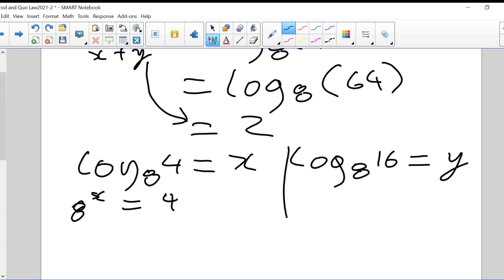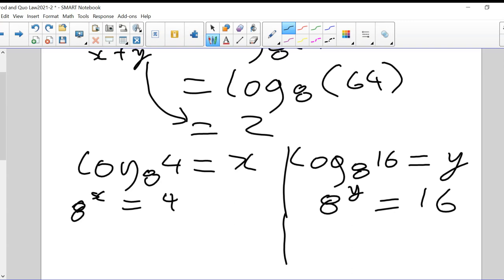So how did we do this again yesterday? And by the way, the same thing works on the other side, that 8 to the power of y is equal to 16. So those are both exponential form of this equation. So tell me now, make them have a base of 2, both sides. How can I express 8 with a base of 2? I want to get a little bit more involvement here.